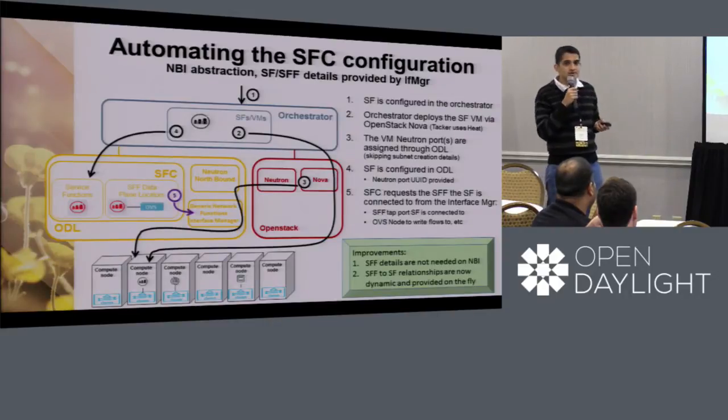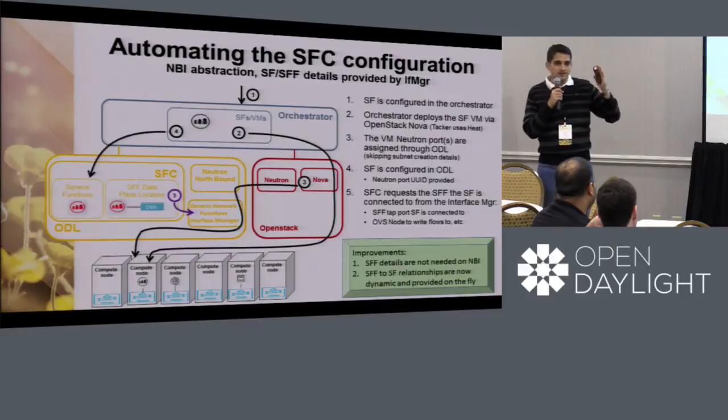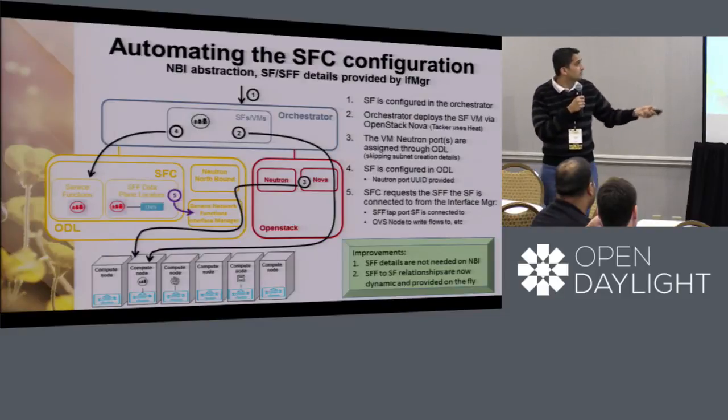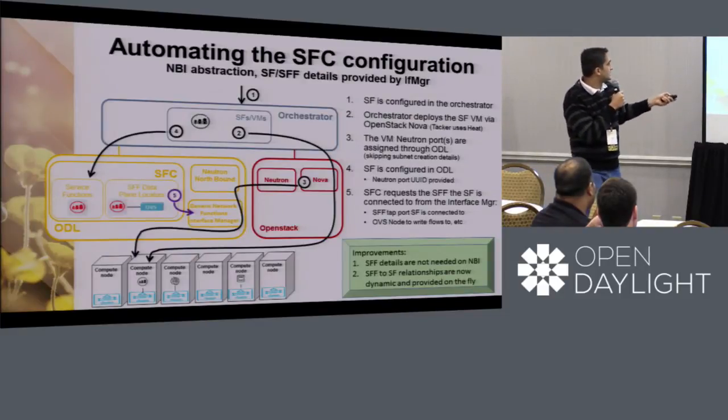All you are going to say is, I am going to have perhaps some SFF and SF1, another SFF and SF2. However, these SFs connect to the network using these neutron ports. Later, let us say the SF VM comes up.